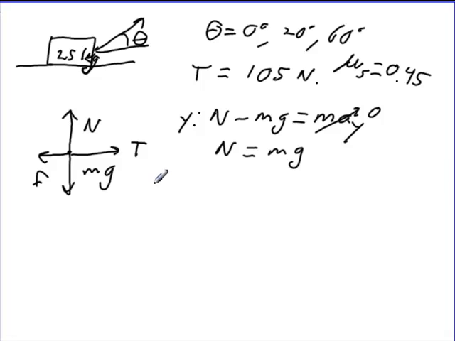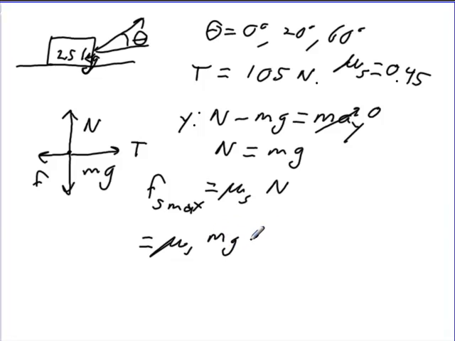So the maximum friction is μs times n, which will be μs mg, or in other words, 0.45 times 25 kilograms times 9.8 meters per second squared.